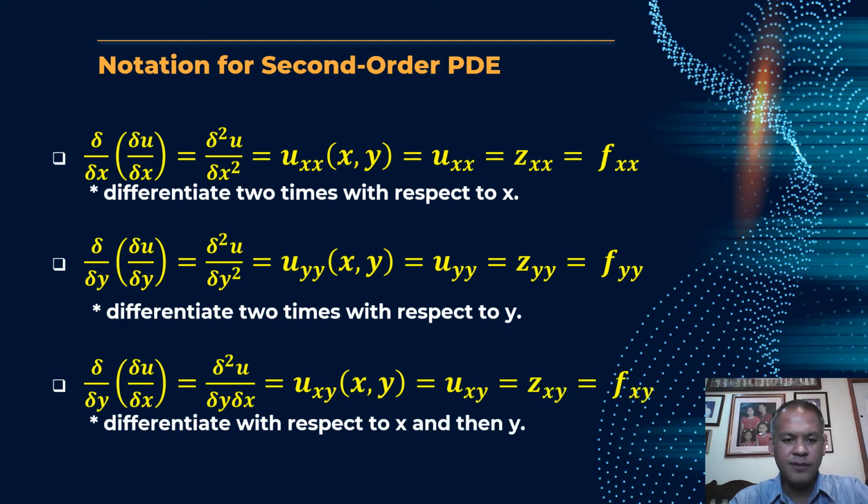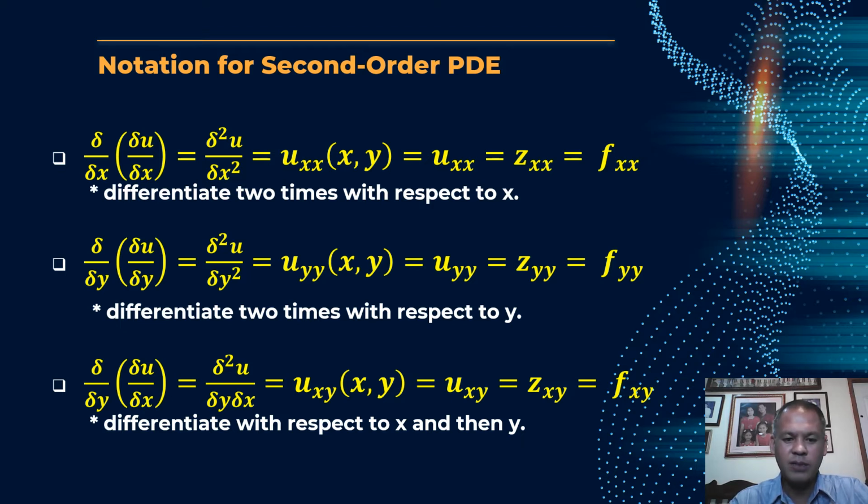Also, for ∂/∂y of ∂u/∂x, this is just the same as ∂²u/∂y∂x, or this is also the same as u sub xy of (x, y), which is also equal to u sub xy or z sub xy or f sub xy.